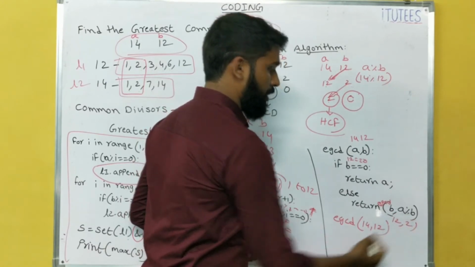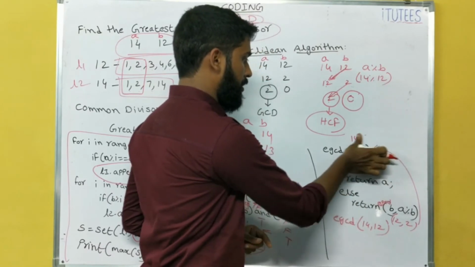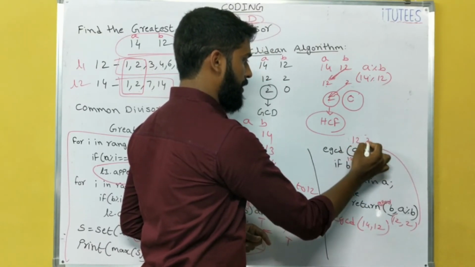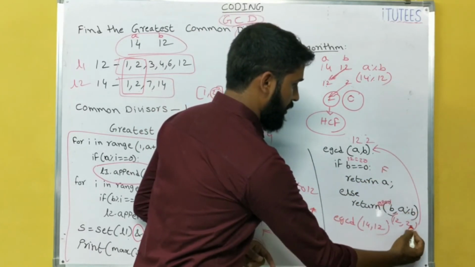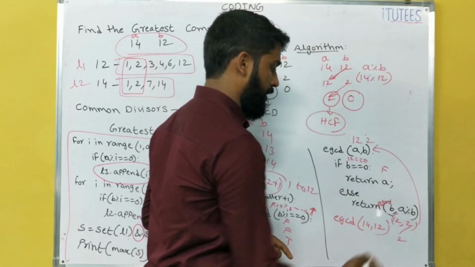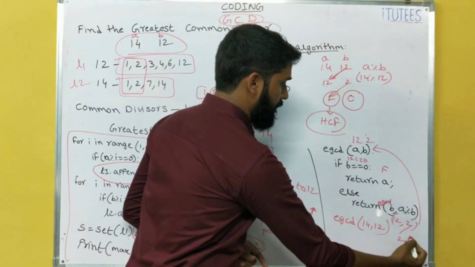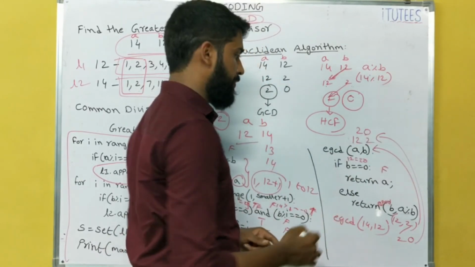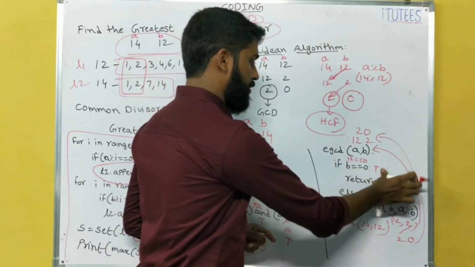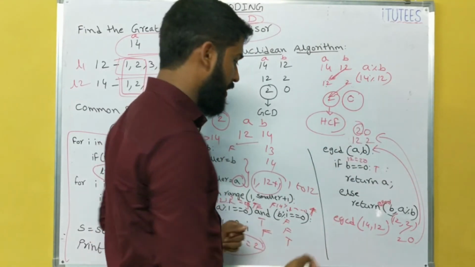So 14 percentage 12 is 2, giving 12 comma 2. Again the function call: the a value is 12, the b value is 2, again false. Go to the else part, this becomes a, and 12 percentage 2 means 0. Again the function call with b equal to 0. Now it is true, return a. What is the a value? 2. So 2 is the HCF.